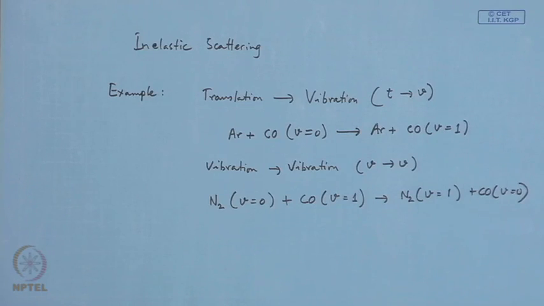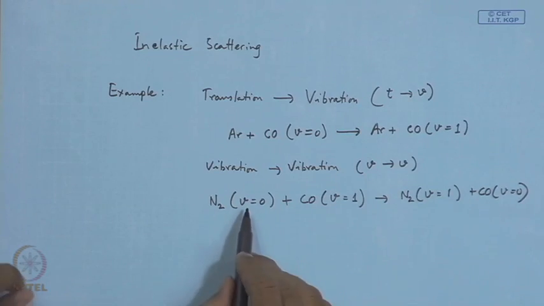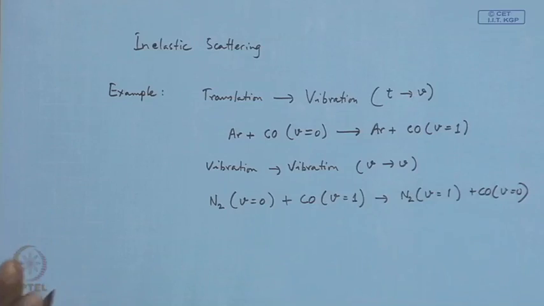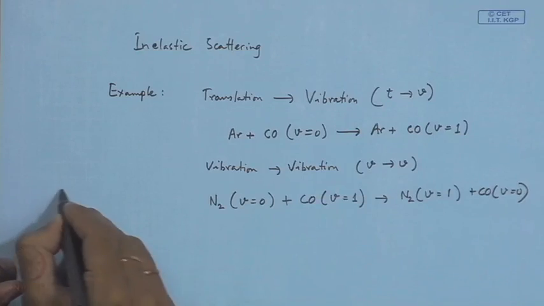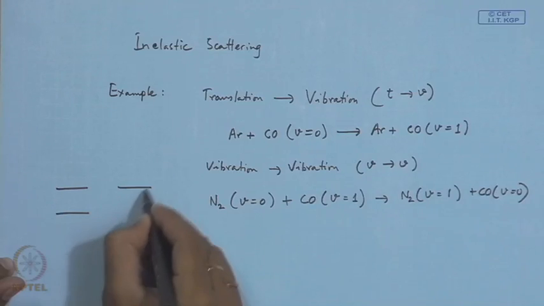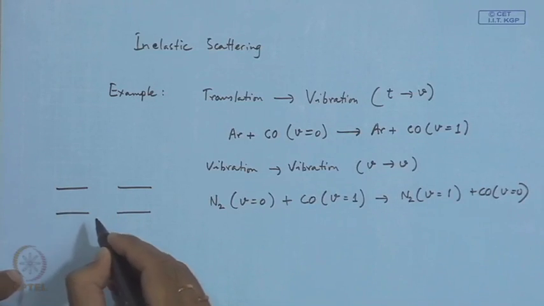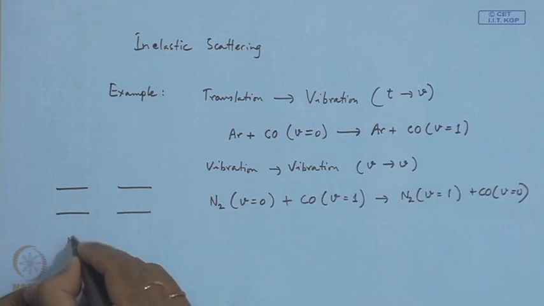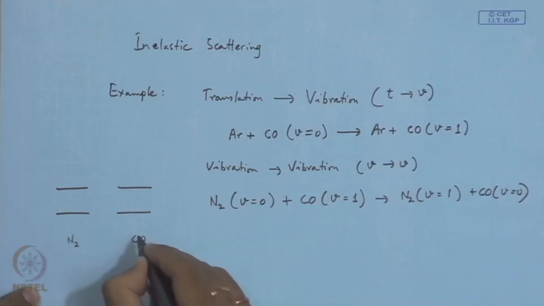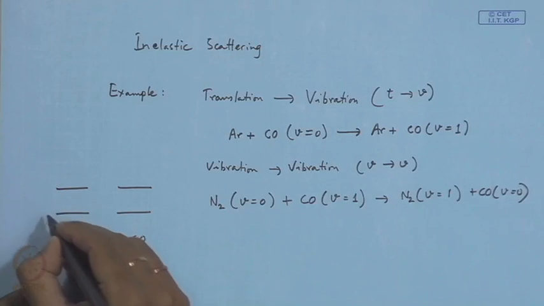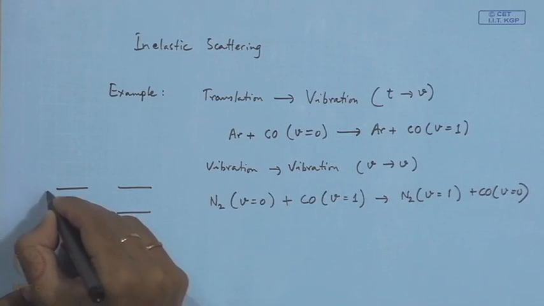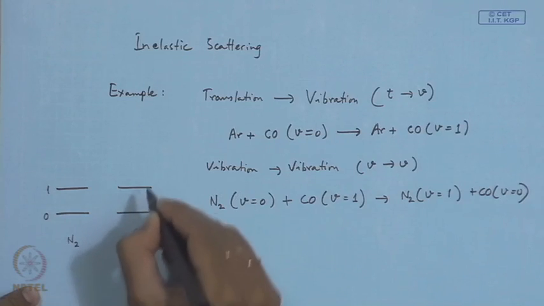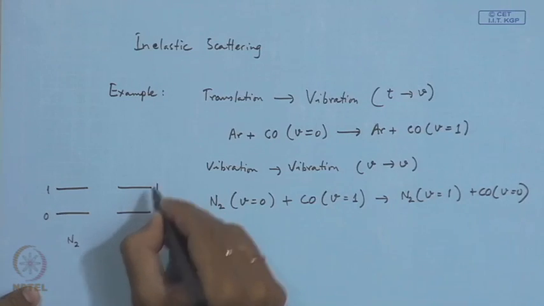Okay. So, it is basically energy interchange. Say these are two vibrational levels, say this is for nitrogen and this is for carbon monoxide. So, these are vibrational levels, 0 and 1.